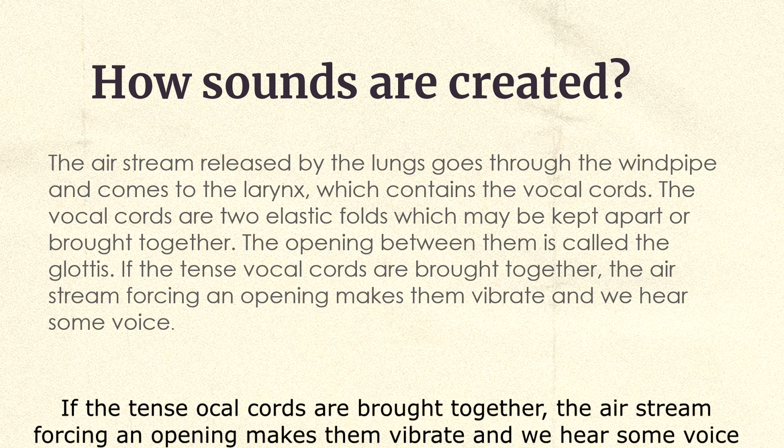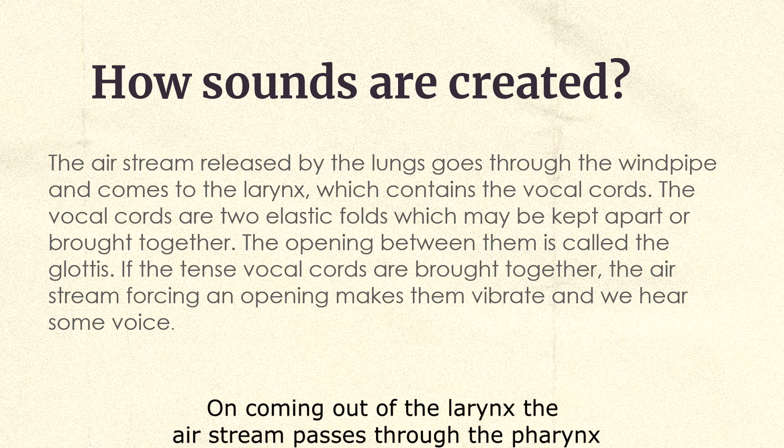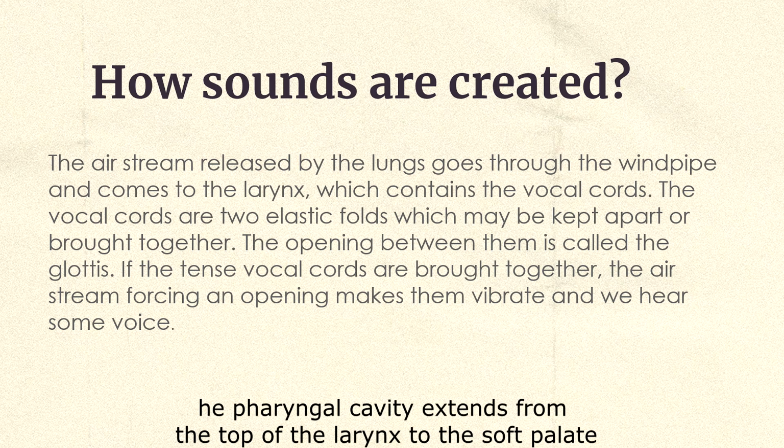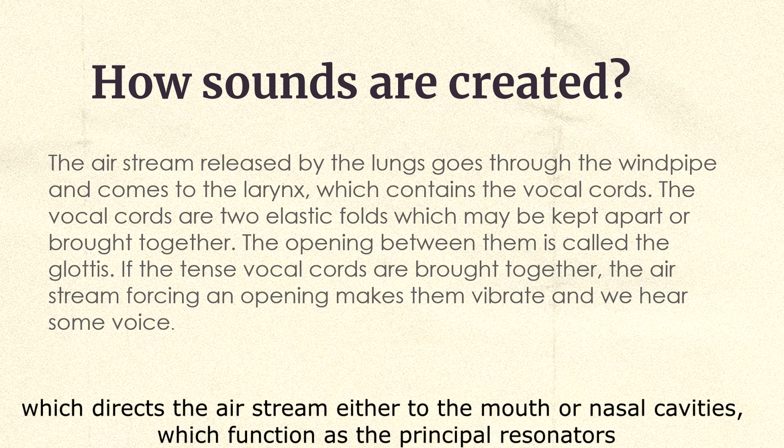If the tense vocal cords are brought together, the airstream forcing an opening makes them vibrate and we hear some voice. On coming out of the larynx, the airstream passes through the pharynx. The pharyngeal cavity extends from the top of the larynx to the soft palate, which directs the airstream either to the mouth or nasal cavities, which function as the principal resonators.